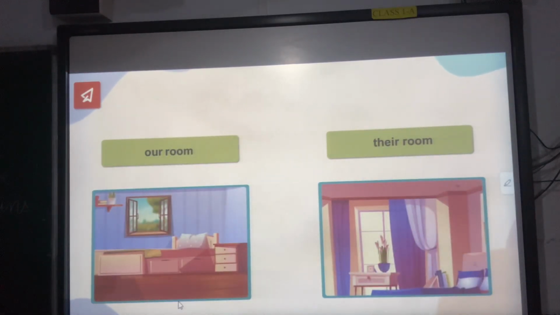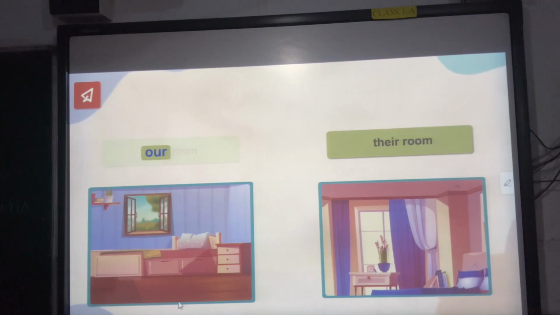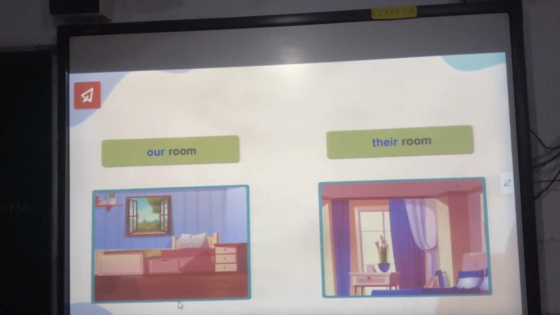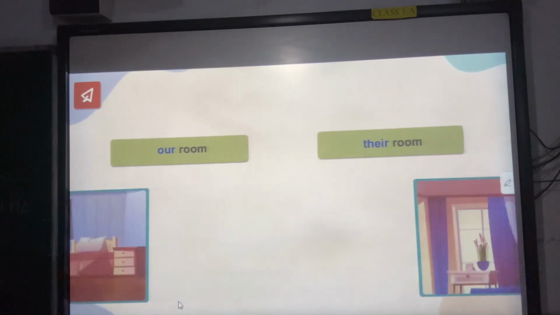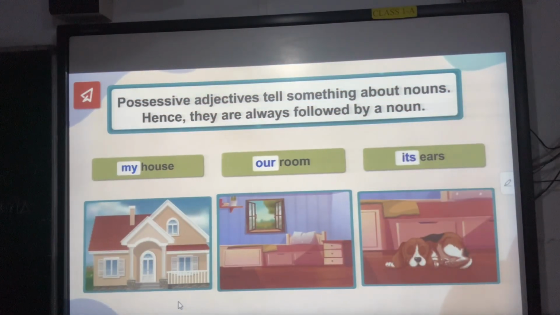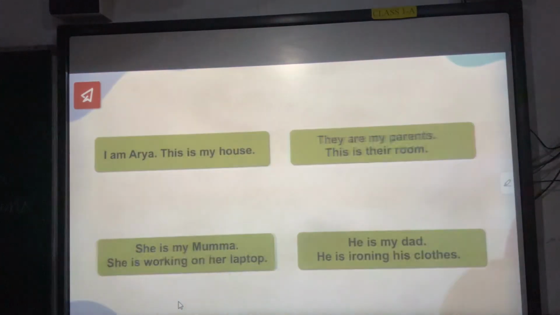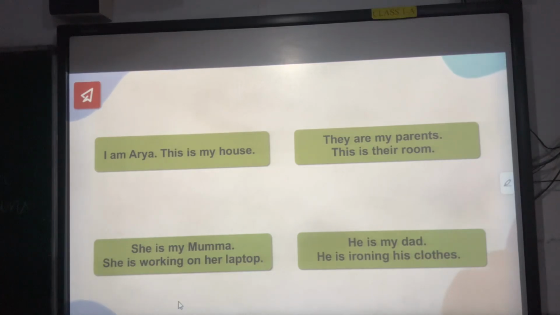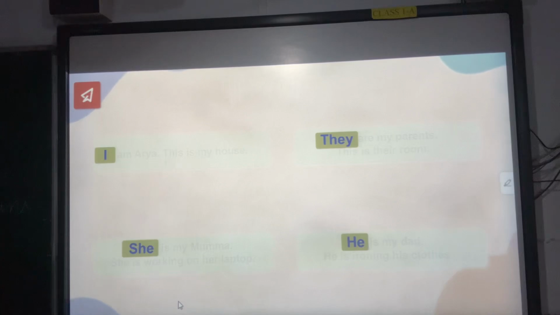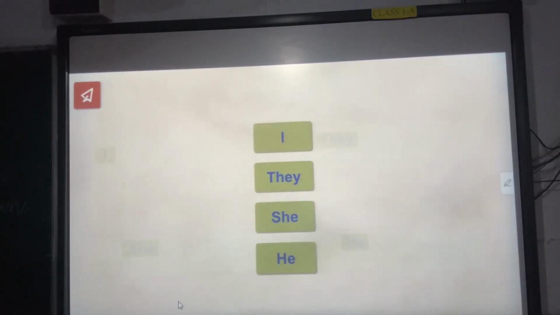Let's look at some more examples. Can you spot the possessive adjectives here? Here are and there are possessive adjectives. Notice that possessive adjectives are always followed by a noun as they tell something about the nouns. Now that we have learned about possessive adjectives, let's look at these words. What do you think they are?